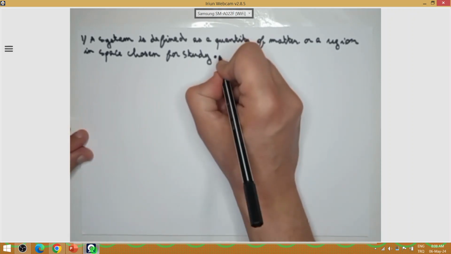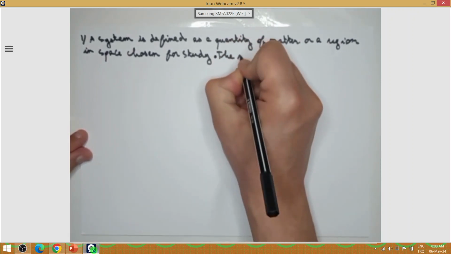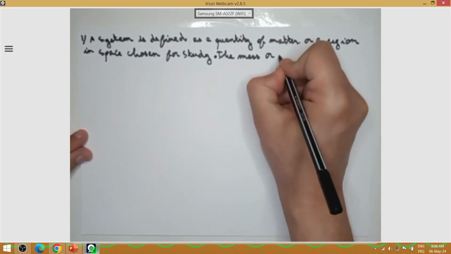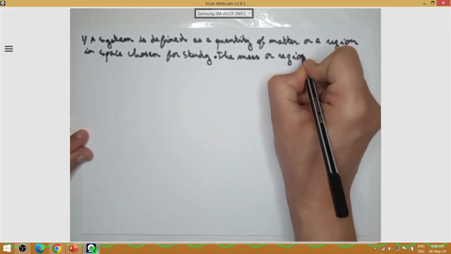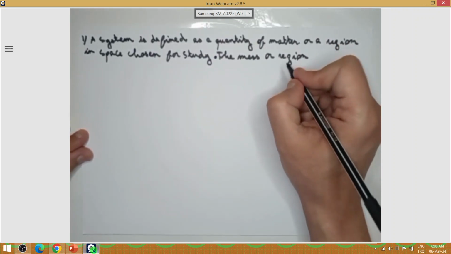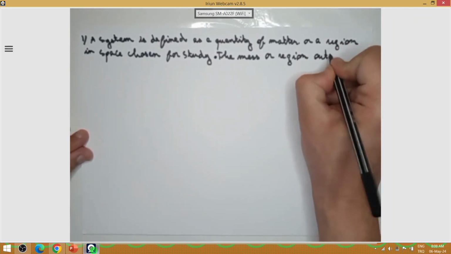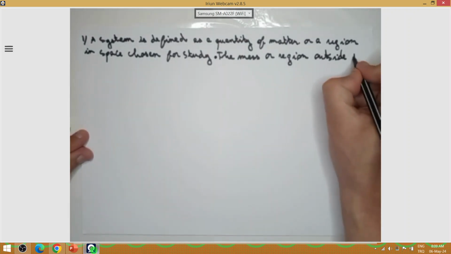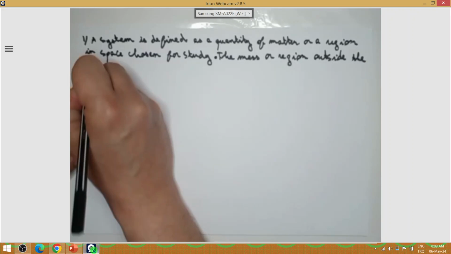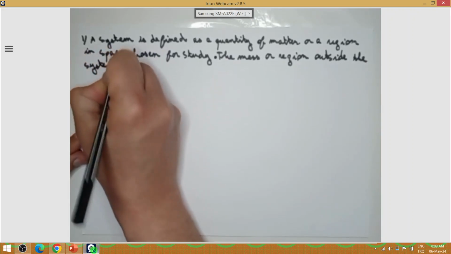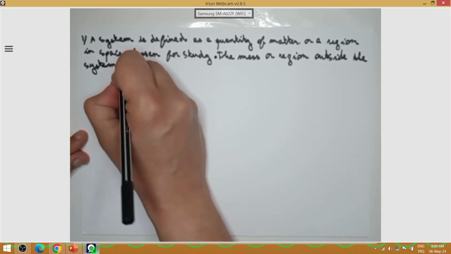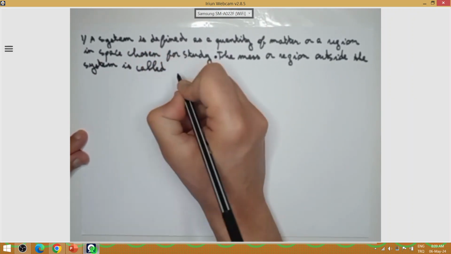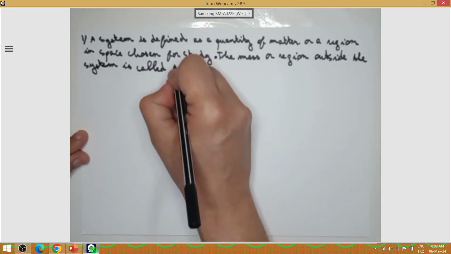The mass or region outside the system is called the surroundings.